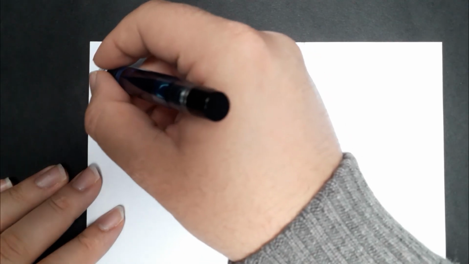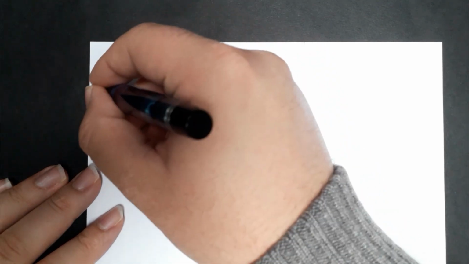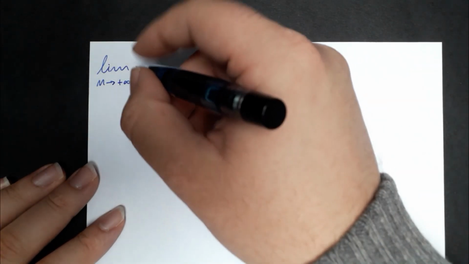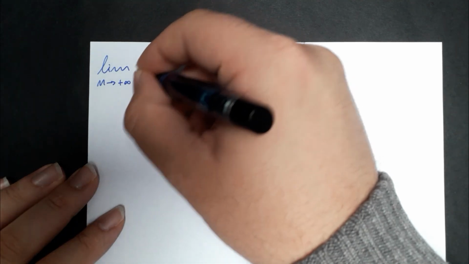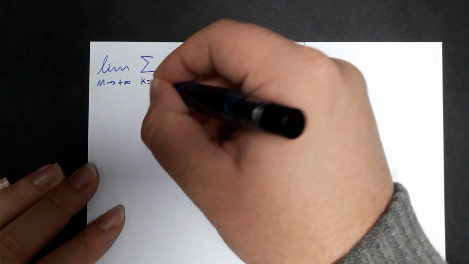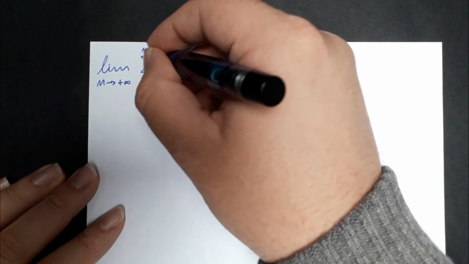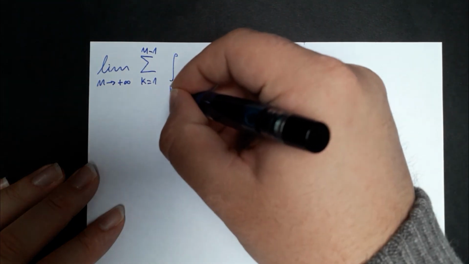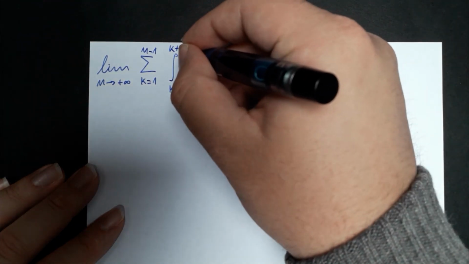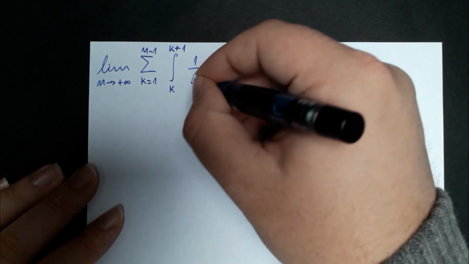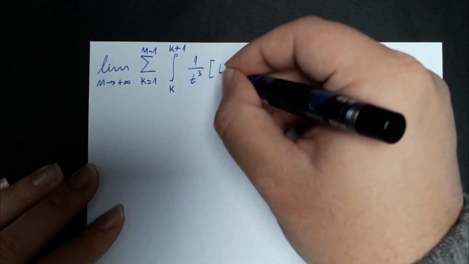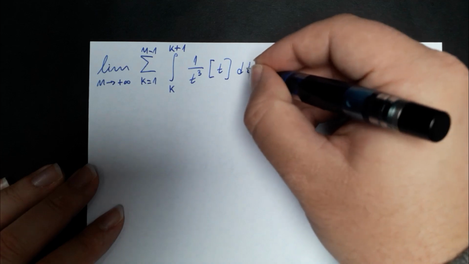So the problem which we have to solve now is the limit when m approaches infinity from the side of positive numbers, of the sum from k equals 1 to m minus 1, of the integral from k to k plus 1 of the floor function of t divided by t cubed, differential of t.